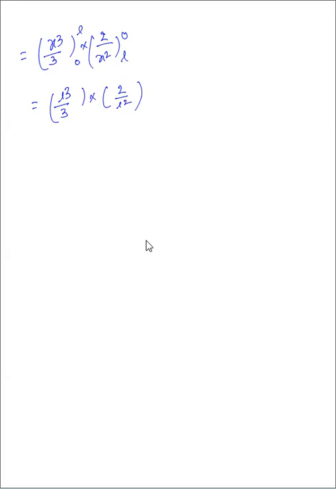So L square and one L will get cancelled, and we get 2L by 3. This is the value of the center of mass which we got for that non-uniform mass system.